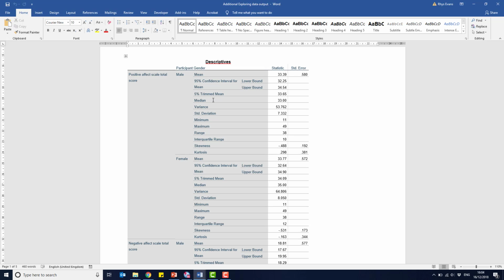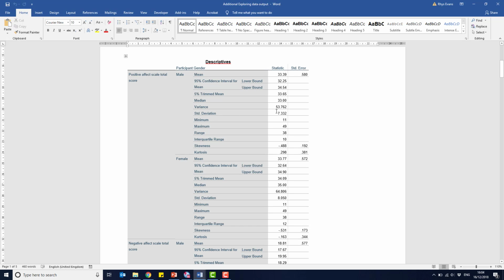That's very unusual, but what we're looking for is that they're similar to each other. That would suggest that, again, that's another good tick in the box for normal distribution. We can see here that the median score is 33 compared to the mean of 33.39. Again, that's similar. So these are all good things.